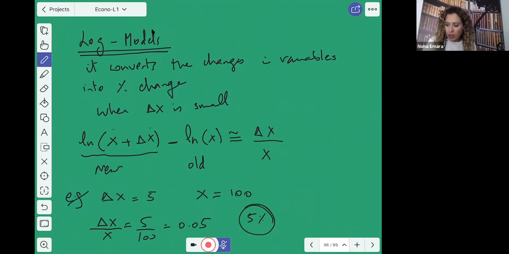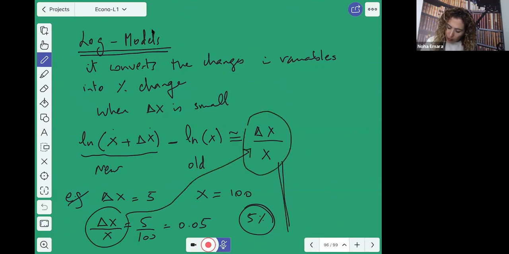You can do the same exact thing if you use the rule. Whatever you have here is actually this thing, and I said that this ratio is approximately equal to this subtraction, or this formula.